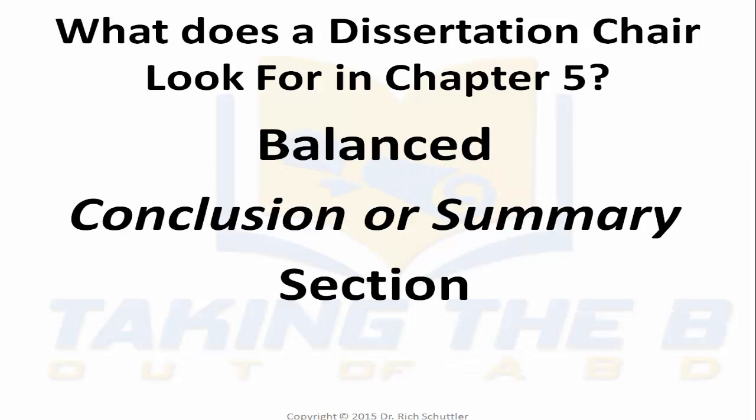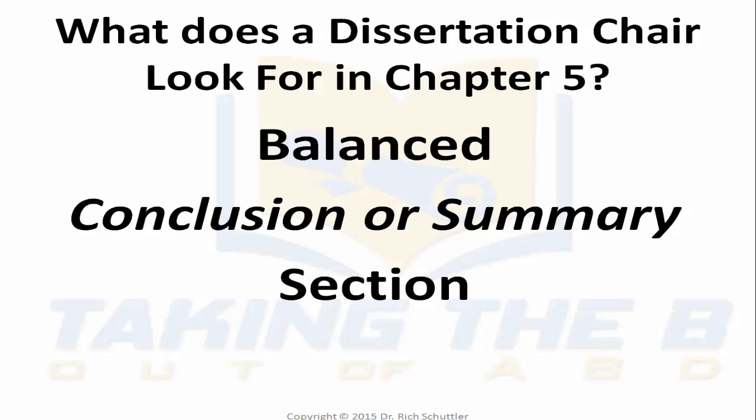That balanced conclusion or summary section, as I've indicated in that lesson strategy about the conclusion, is this: think about if somebody only read the conclusion or summary of your chapter, that very last section in Chapter 5. Would it be enticing enough? Would it be filled with enough enthusiasm and passion to make the reader want to go back and read more of your dissertation?